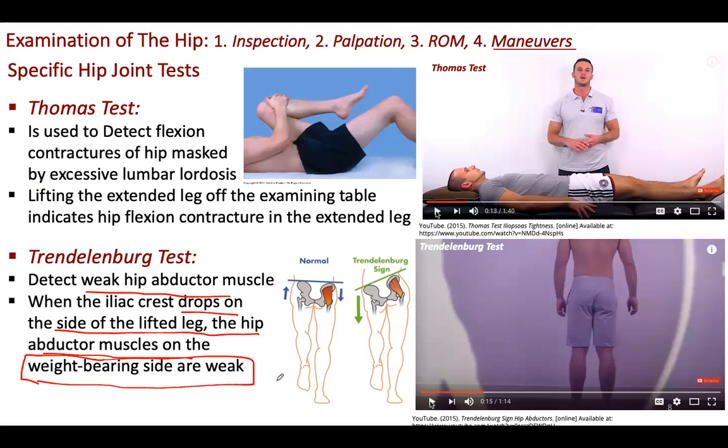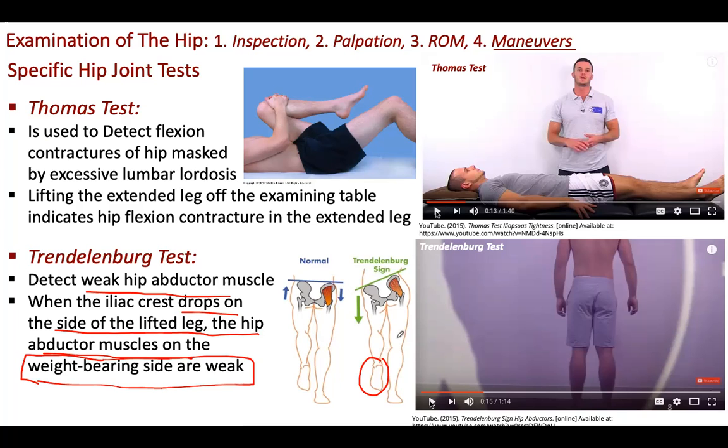Normally, when you walk, whether you lift this foot or you lift the other foot, the normal abductor muscles of the hip will maintain both iliac crests at the same level. But if you notice that this side, the side of the lifted leg, drops too much, where is the problem? I said always the problem will be on the weight-bearing side.